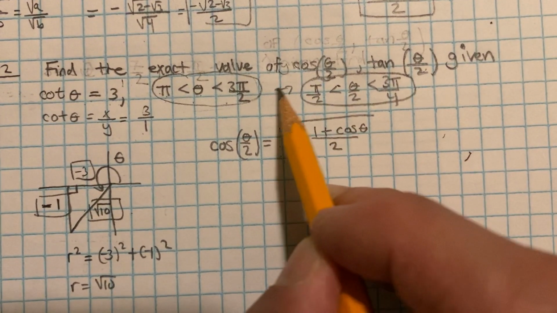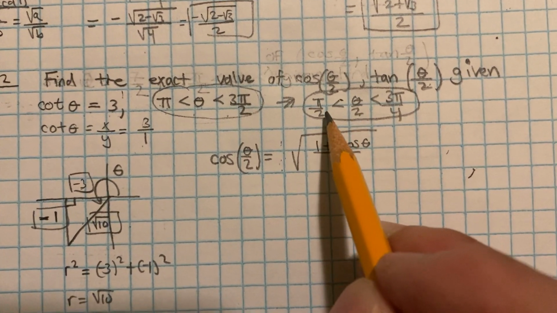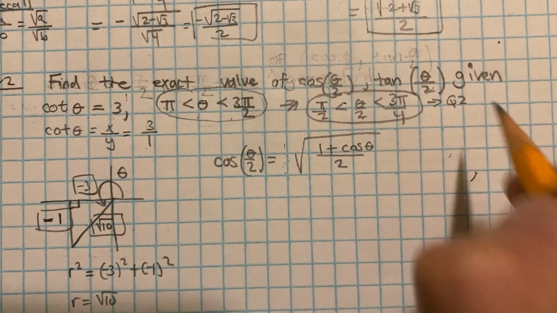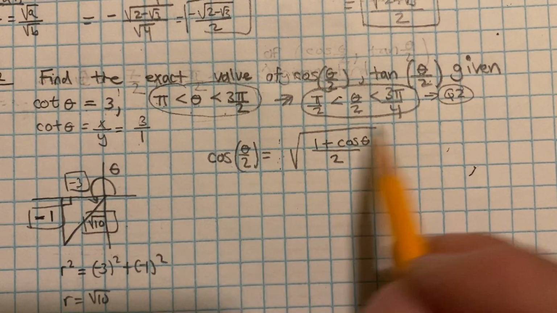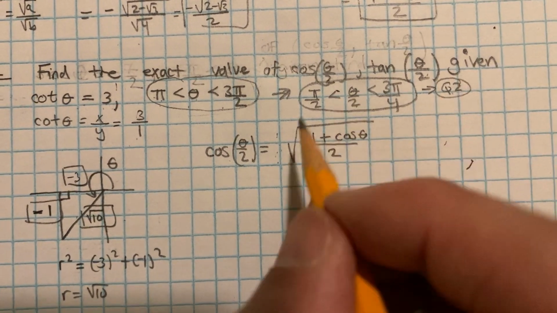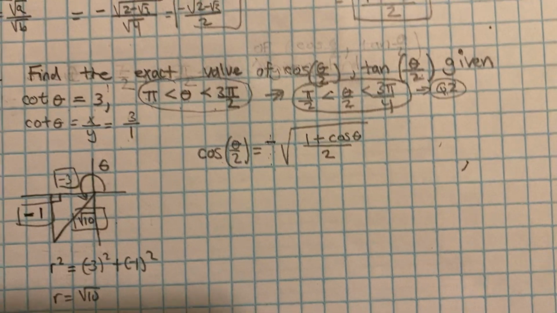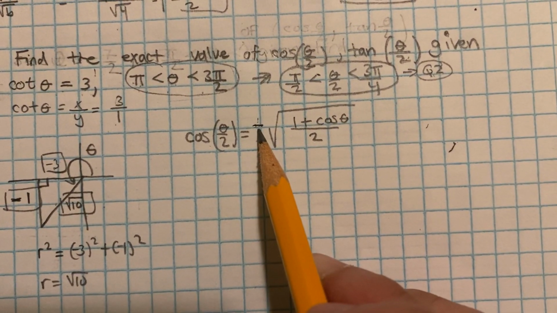Now you can see theta over 2 is between pi over 2 and 3 pi over 4, which would put you in quadrant number 2 again. And the cosine in quadrant 2 is going to be negative. So my final answer is going to have a negative in front of the square root, or whatever is simplified here on the right side.